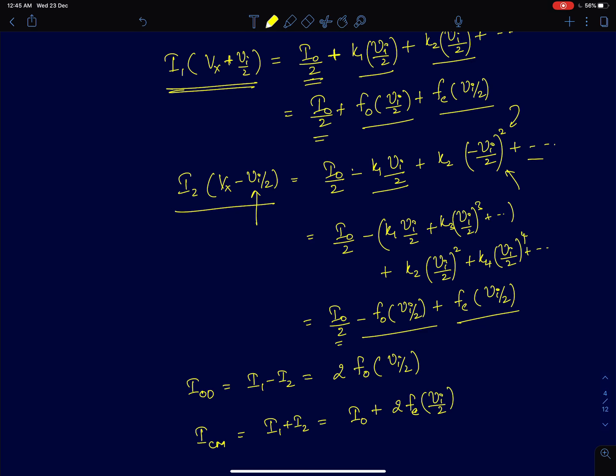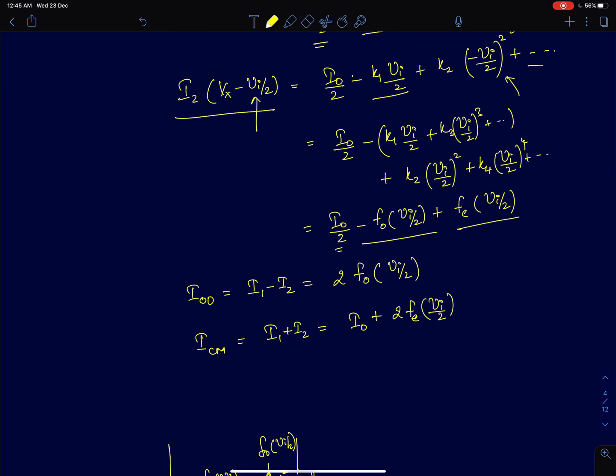So now the differential current is the difference between the two currents. That is only going to contain odd harmonics. All the even harmonics, because they have the same polarity, will get cancelled out. And the common mode current, or the sum of the two currents, I1 plus I2, will contain purely even harmonics. Again, this is a well-known fact in differential amplifiers.